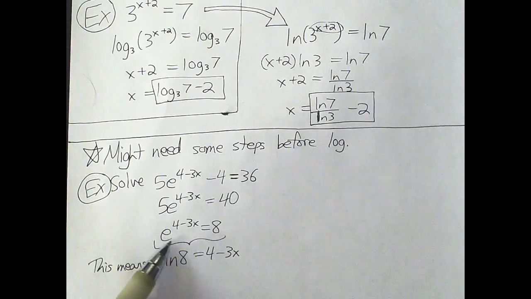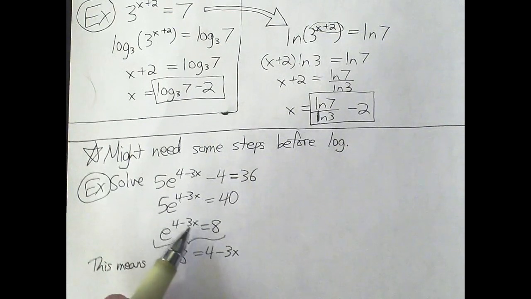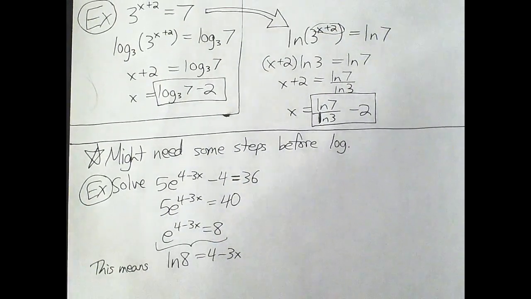Log base e is written as ln. What would go next to it would be 8, and what would go on the other side would be the 4 minus 3x. Or you could look at this and say, I want to do a logarithm of both sides. The most convenient one to work with would be base e. So if you did ln of both sides, and did a little simplifying, you're still going to get to the same line.